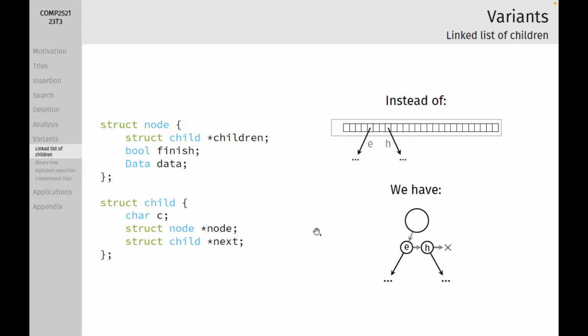So each of the child nodes contains a character, a pointer to the trie node, and also a pointer to the next node in the linked list. Instead of this representation, where we have an array with pointers at indices 4 and 7, we would have a trie node containing a pointer to a linked list, in which one node contains E and one contains H, and each of these two nodes contains pointers to trie nodes.